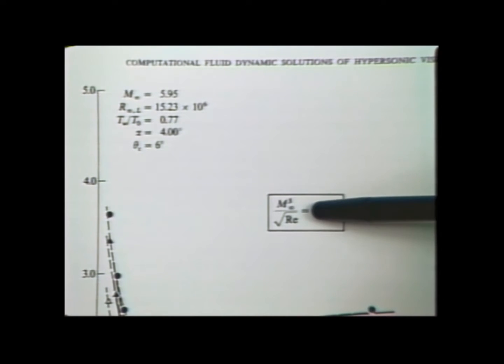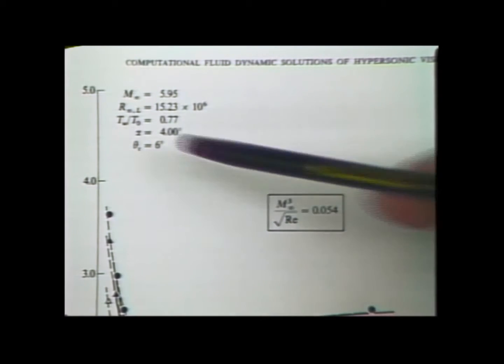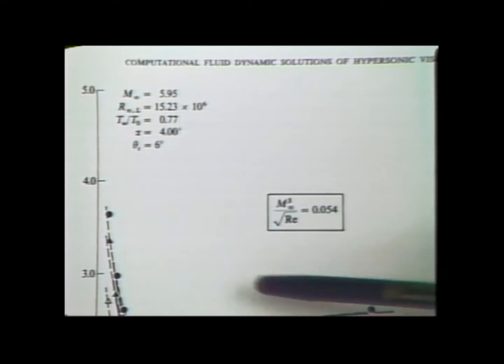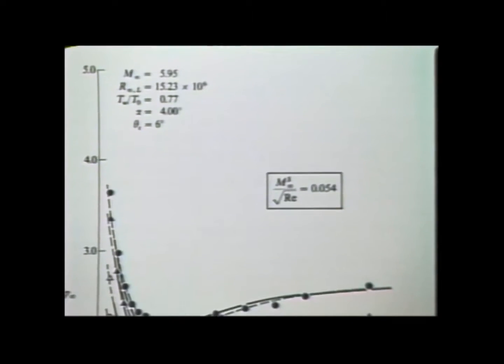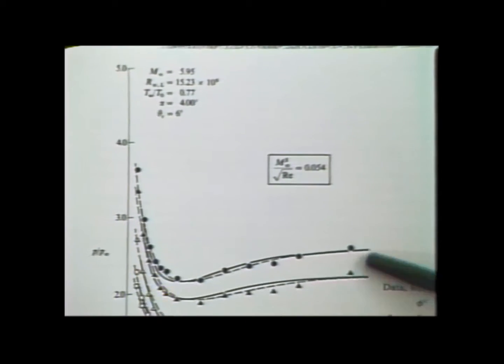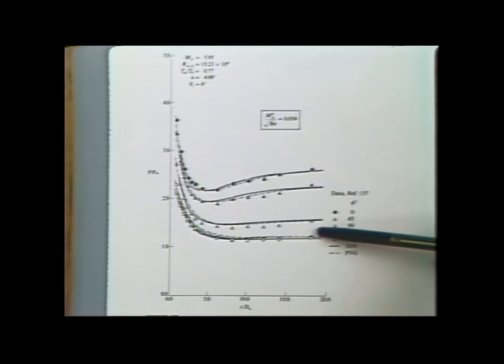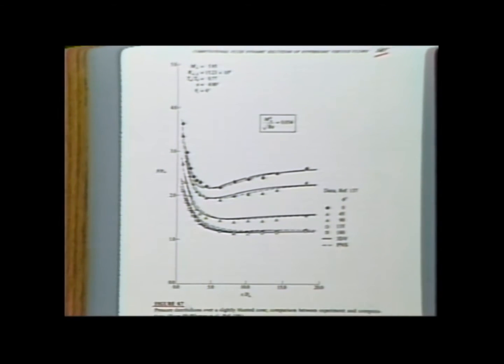I didn't bother to put in the square root of C here. This is effectively chi bar. This is a very low value of chi bar. You would, for these conditions, expect to see very minimal viscous interaction. So visualize now all the curve here, these data here. This is basically a case where the viscous interaction effects are not important. Okay, so that's one thought.